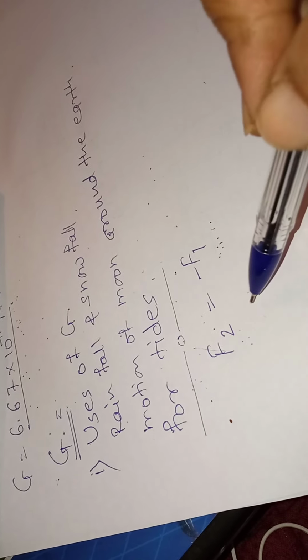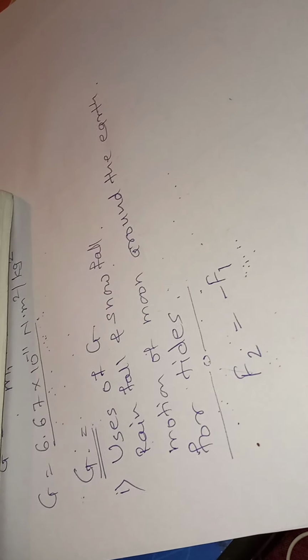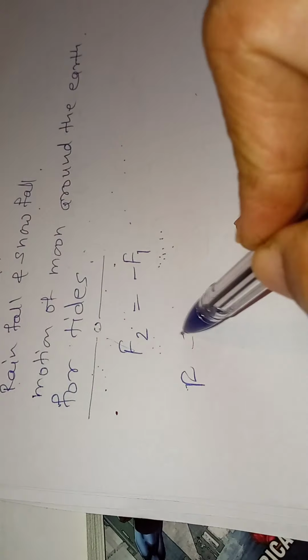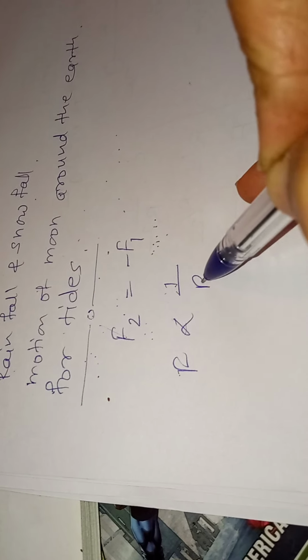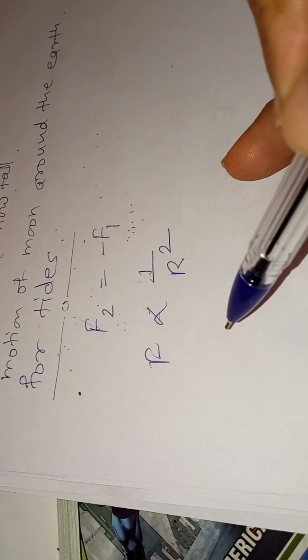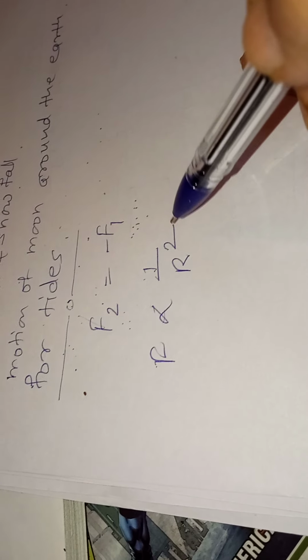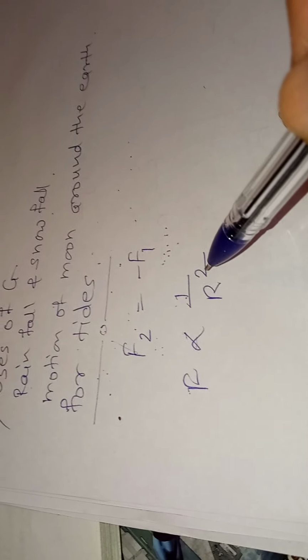Another, the gravitational force between two bodies varies inversely proportional to the square of the distance between them. We know this, that is, gravitational force is directly proportional to 1 upon the square of the distance between them, or it is inversely proportional to the square of the distance between them.